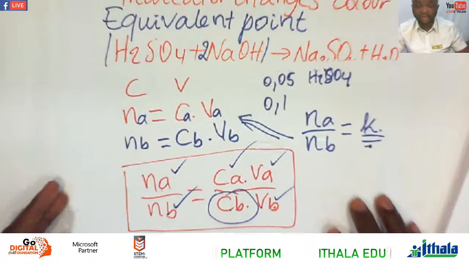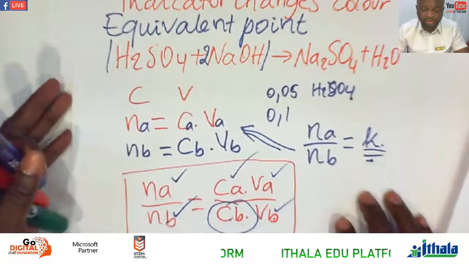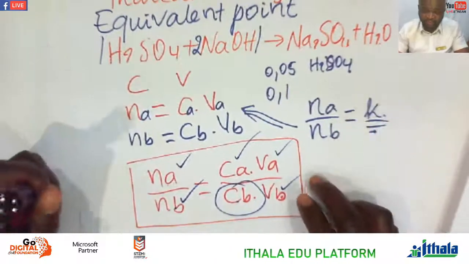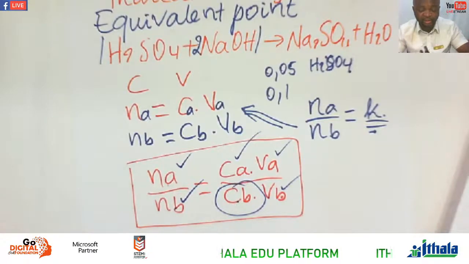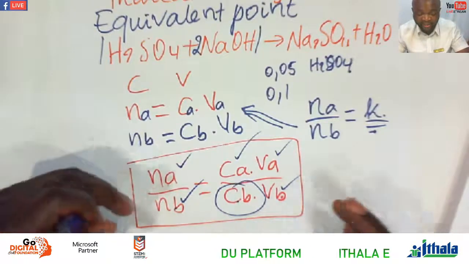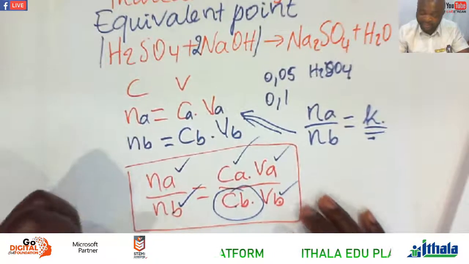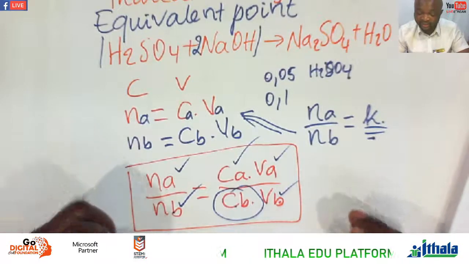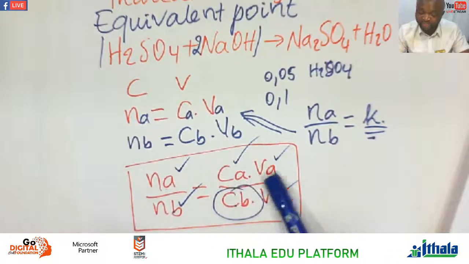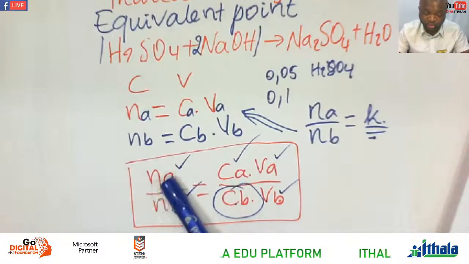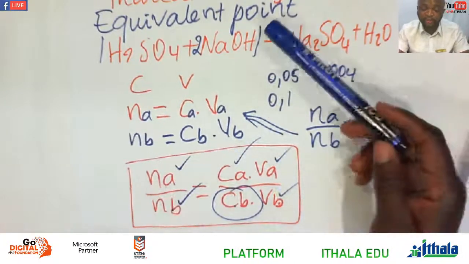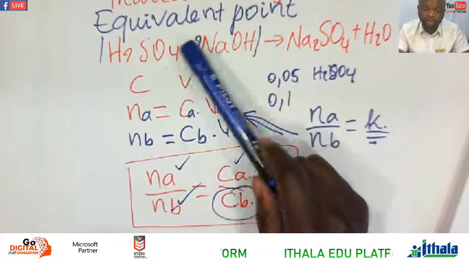So that's how it is. But it's not necessarily that you must use this formula. Rather, understand that in terms of number of moles the reaction is still the same thing. From the concentration and volume of the acid you can find the number of moles. Then with the number of moles you go back to the chemical equation to get the ratio.